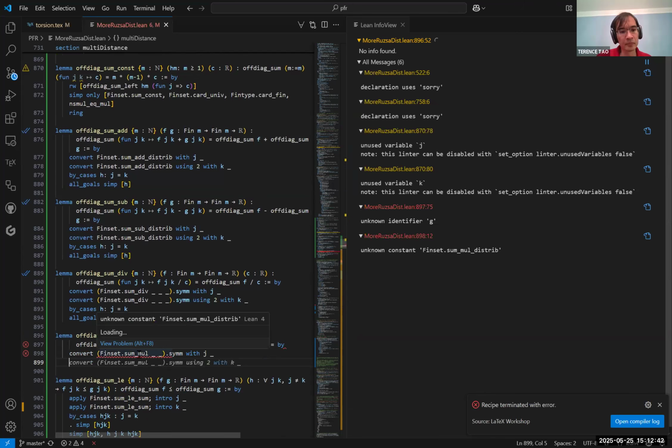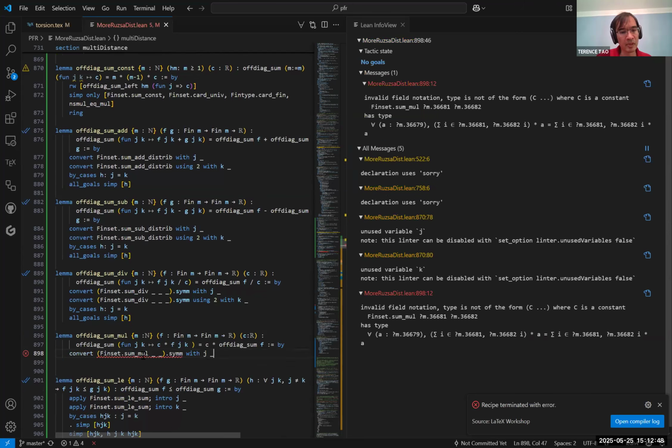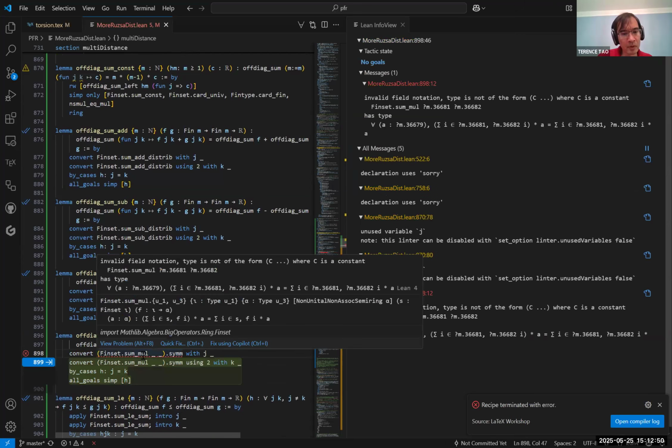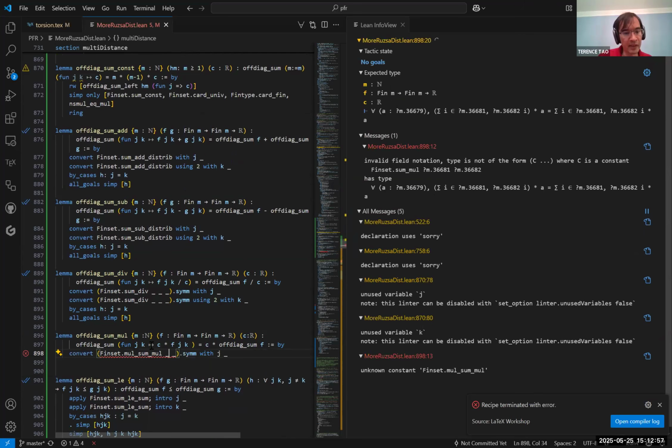I'm just trying to copy my previous proof. I think I want the sum on the left, right, do that.